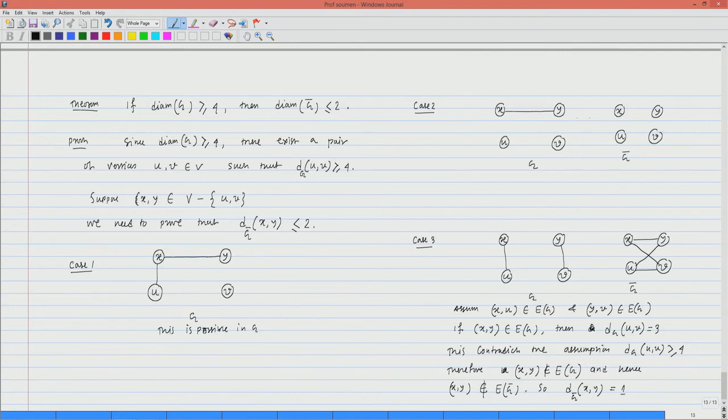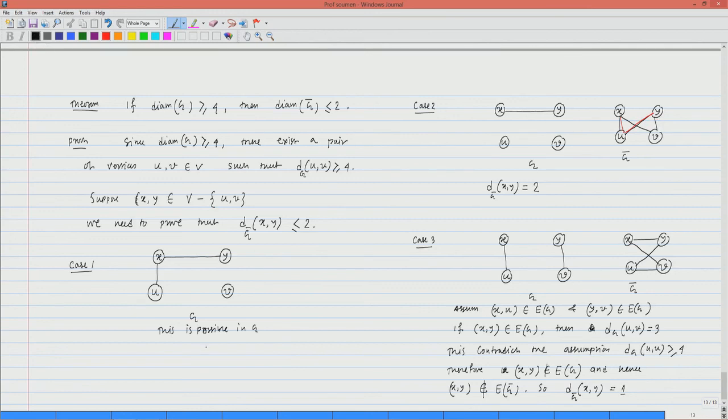So, x is neither adjacent to u nor adjacent to v in G. So, x will be adjacent to u and v both in G complement, and similarly y will be also adjacent to u and v in G complement. So, in case 2, we will get a path between x and y in G complement of length 2, and the path is obviously x u y or x v y. Okay.